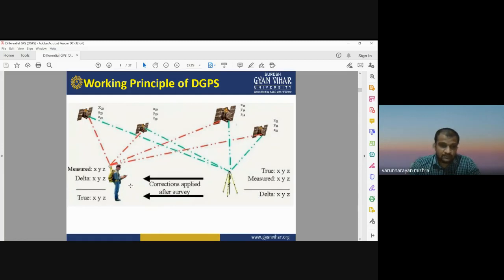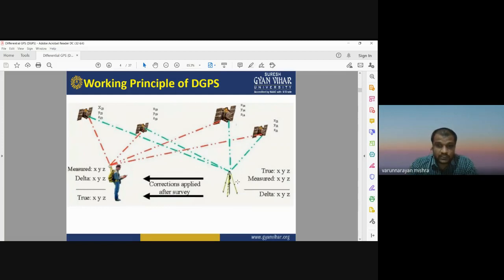Whatever signal is received by the base station, its location is known to us and fixed, so it will correct the errors that are in the rover station. Because the location is known, there is less possibility of any kind of errors.